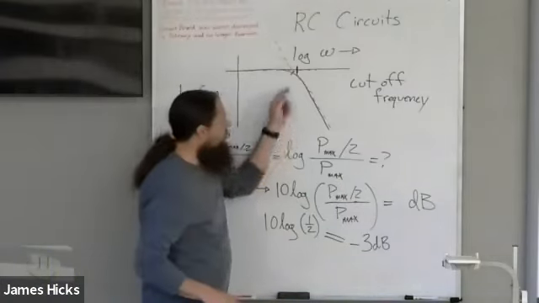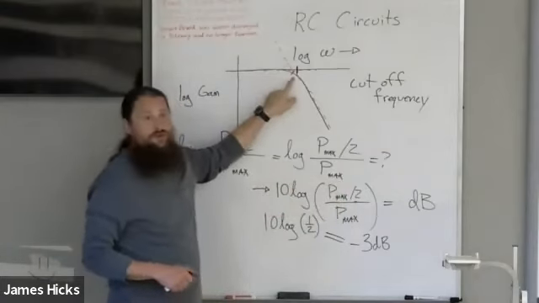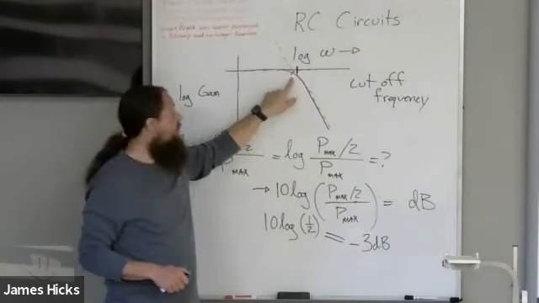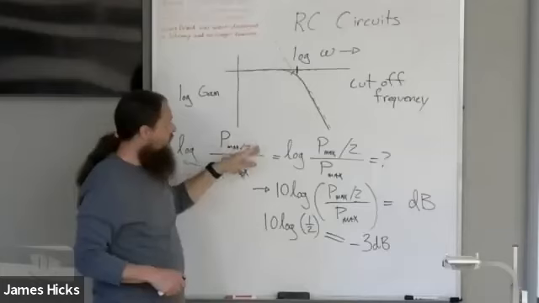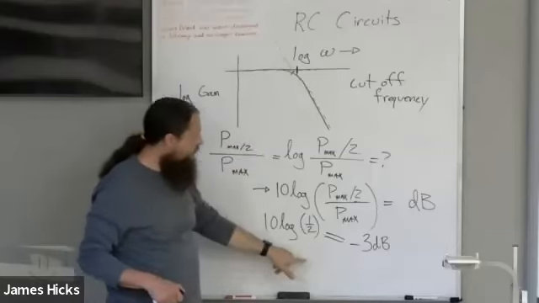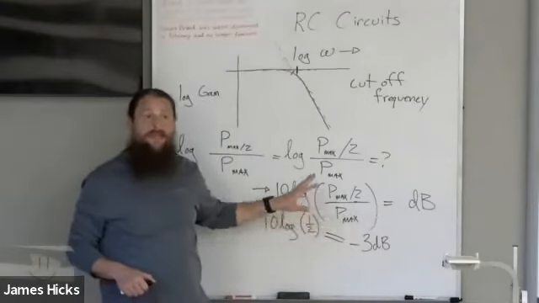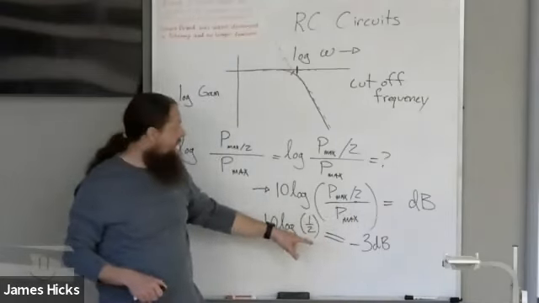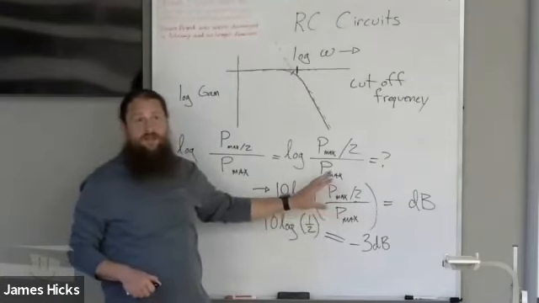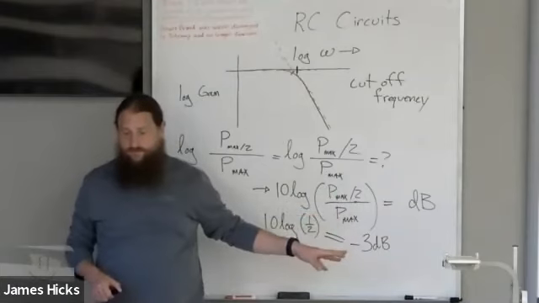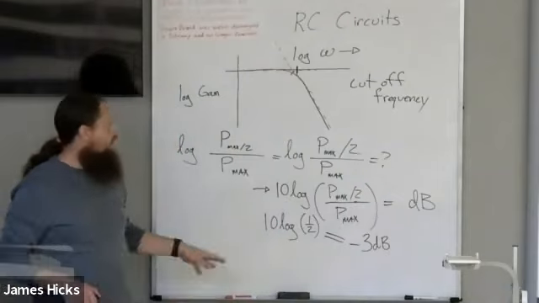In a lot of systems, going to half power is where this starts to roll over on a log graph. So if you see this 3 decibel in literature or something, it's 3 decibels because that corresponds to dropping the intensity by a factor of a half.